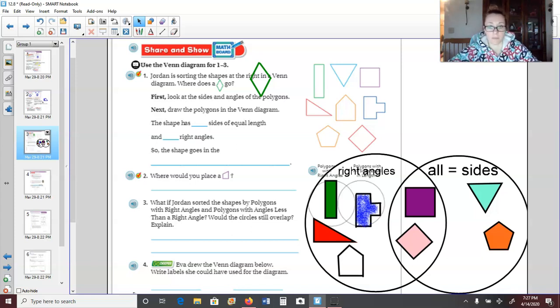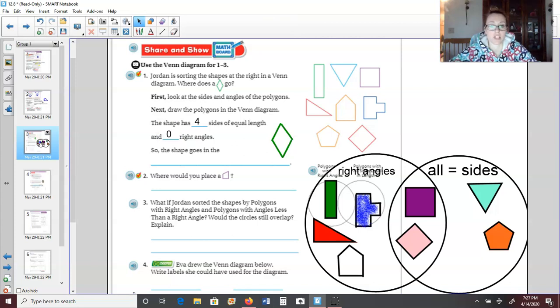The shape that Jordan has here, this green one, it has how many sides of equal length? I know my picture isn't quite accurate, but all 4 of those sides actually are the same length. And how many right angles does the shape have? Actually has 0 right angles.